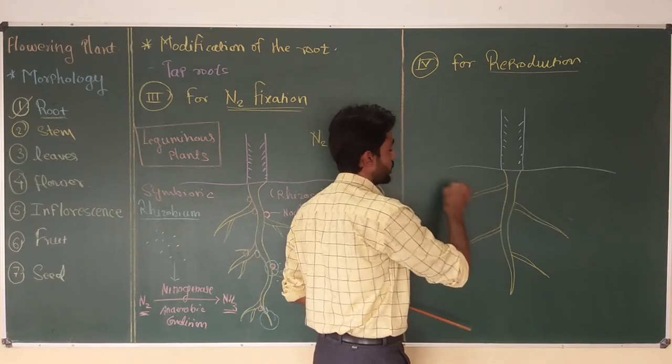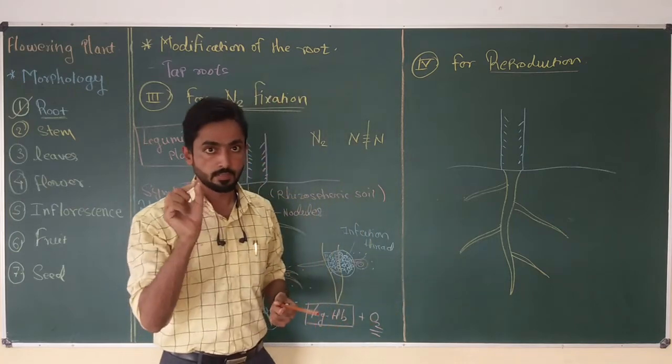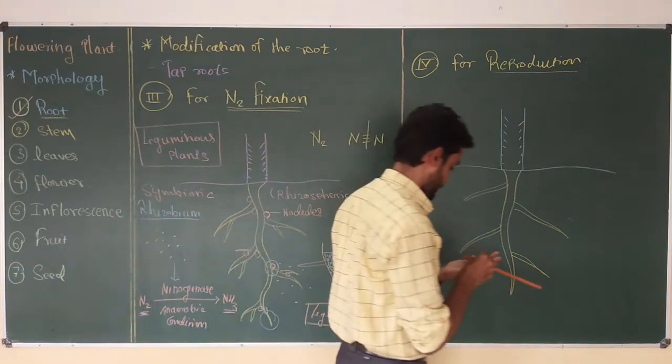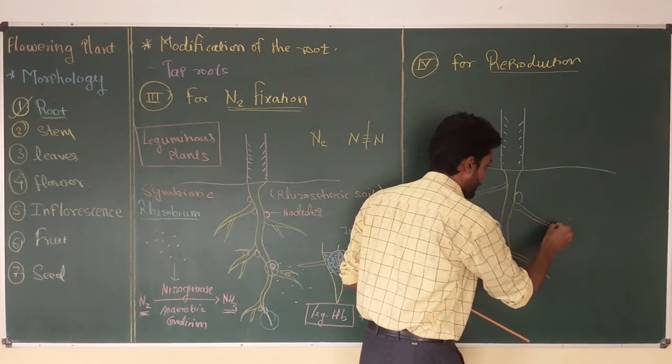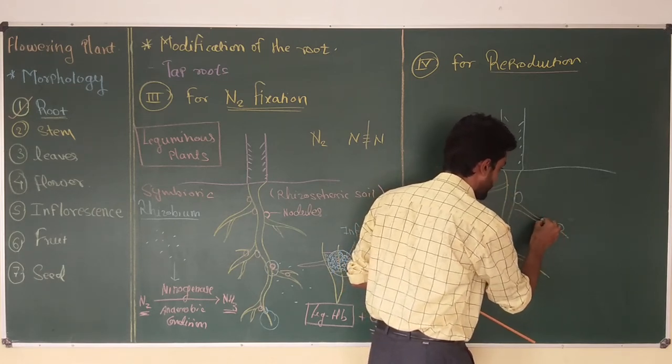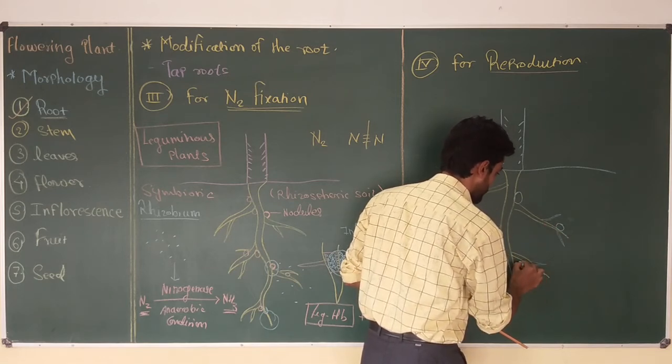The plant which shows modification of the taproot system for reproduction develops some special type of buds on the root, either on the primary or secondary roots.